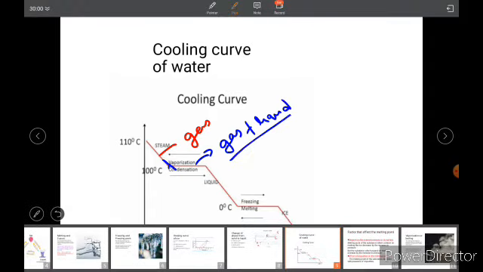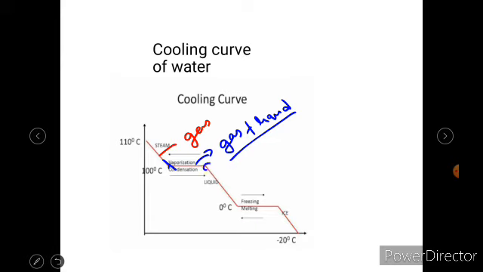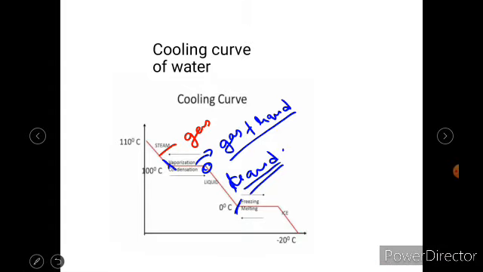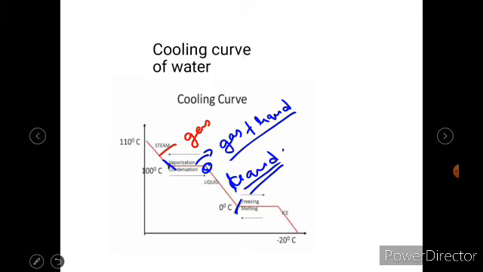Then from this place to this place, you will only see liquid. So this one will be considered as the condensation point.